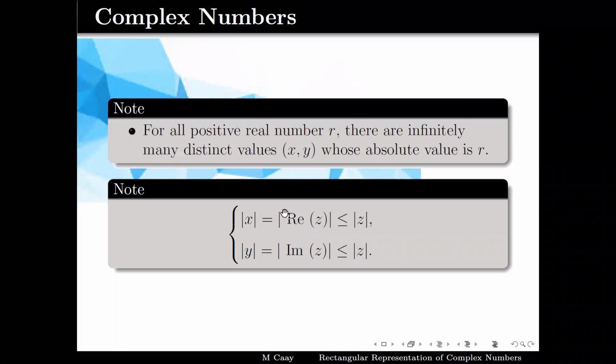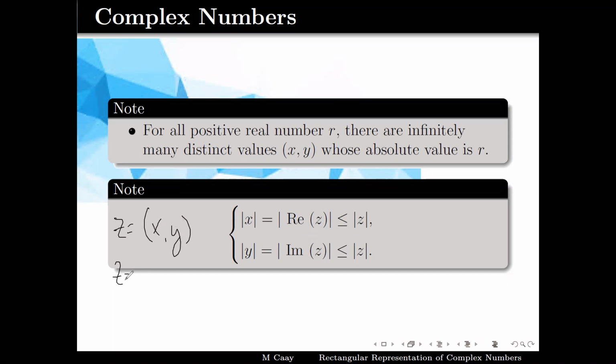Note that what we discussed last time in the video is that for a complex number z, which is (x, y), the first coordinate is the real part of z, and this is the imaginary part of z.